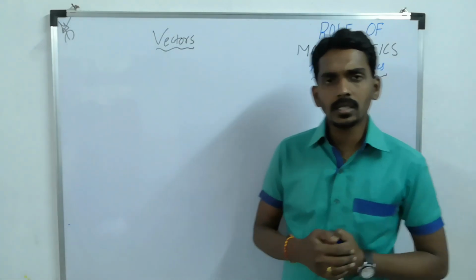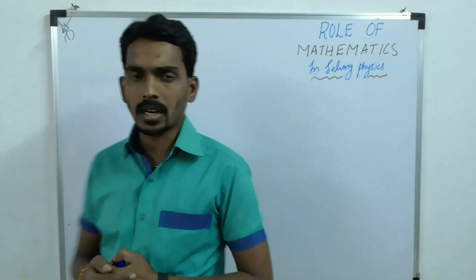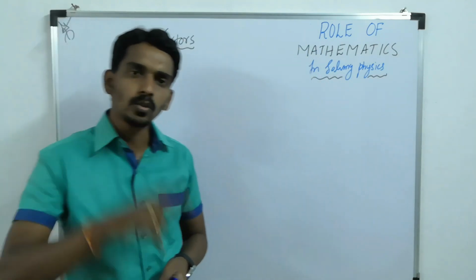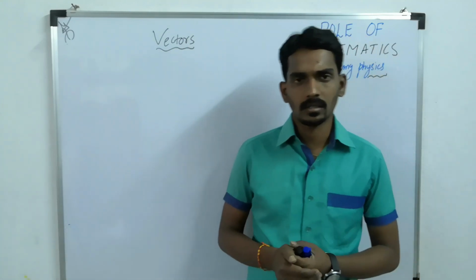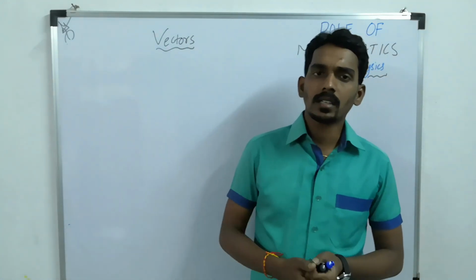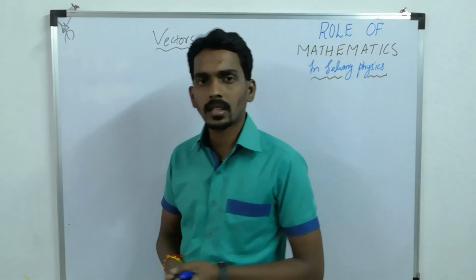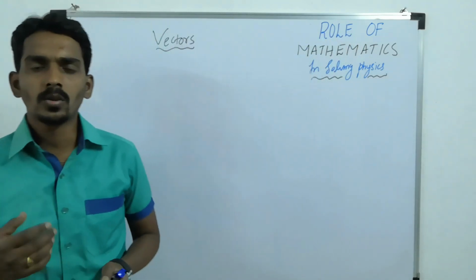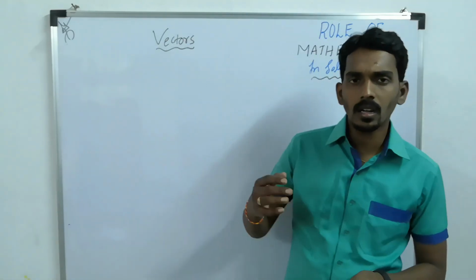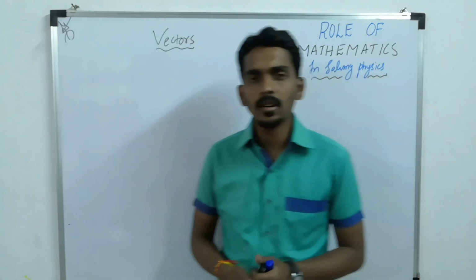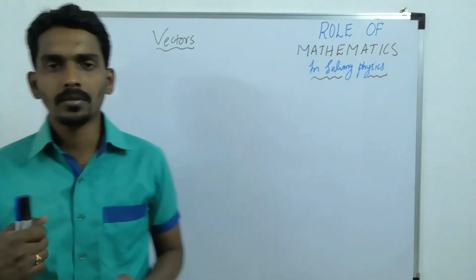The first thing is resolution of a vector, the division of one vector into two components along two perpendicular directions. Another is resultant, which is nothing but addition. How to add two vectors? What can be the resultant of two vectors? That is what we need to understand.